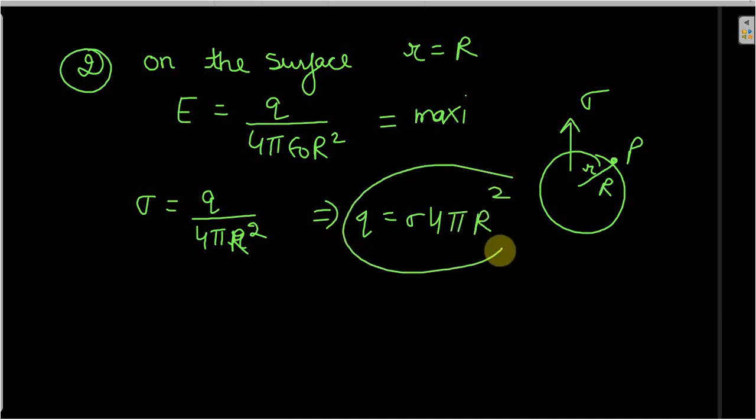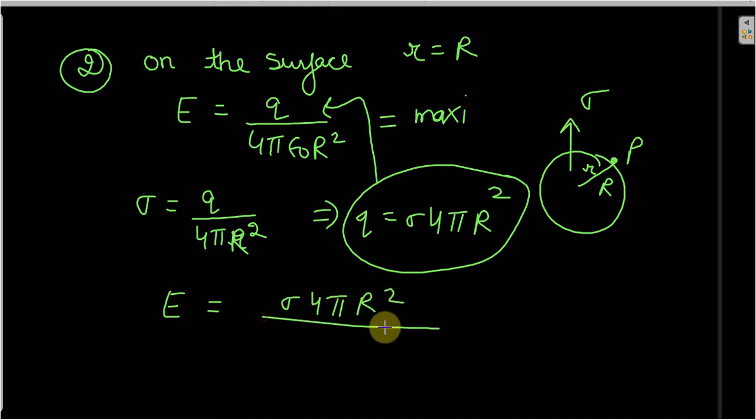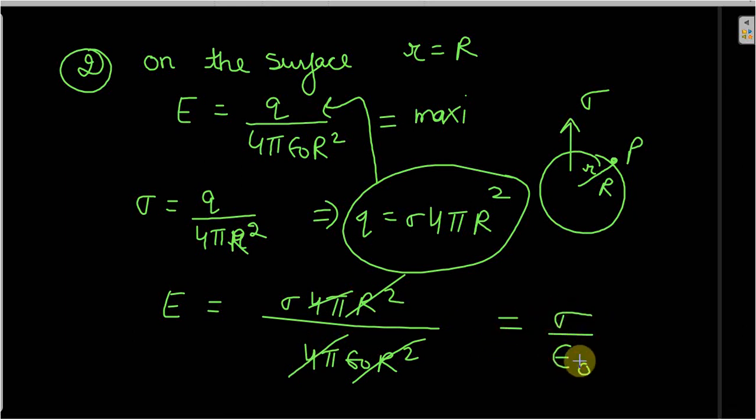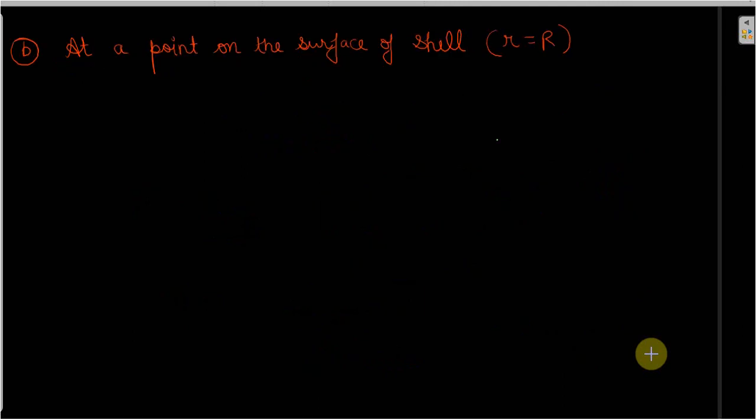Now substitute this value here, and you will get the electric field expression in a different form: sigma 4 pi R square over 4 pi epsilon naught R square. R square cancels, 4 pi cancels. So finally you will get the electric field on the surface of the spherical shell in terms of surface charge density: sigma by epsilon naught.